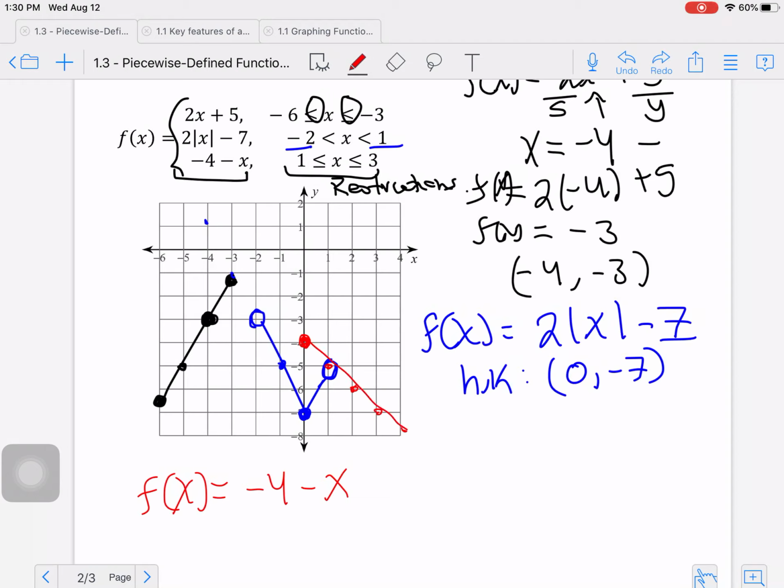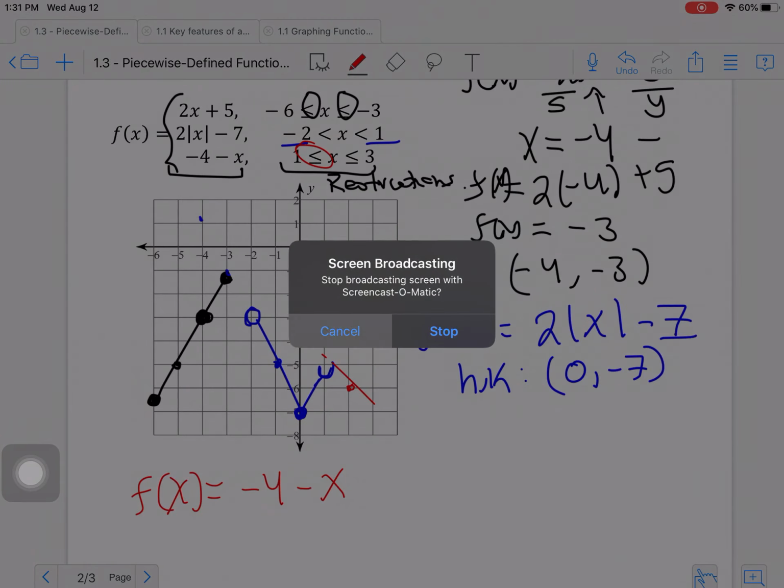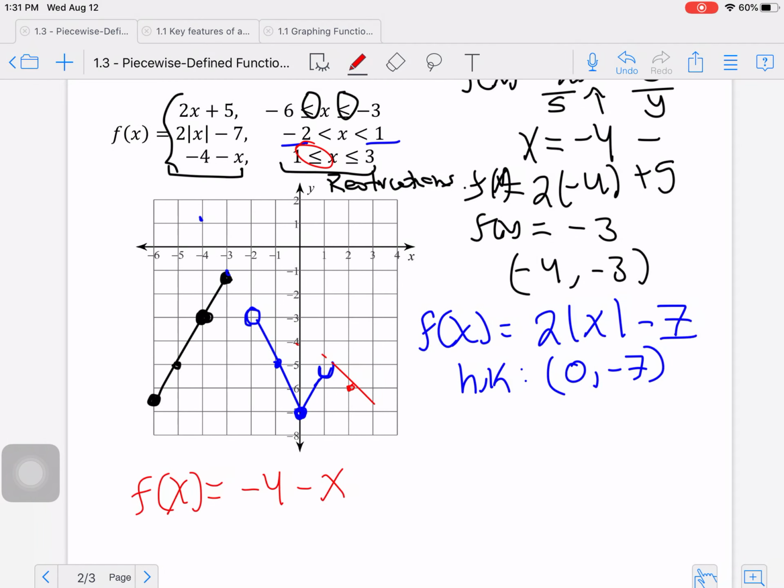Cool. Now back to the restrictions. Based on my restrictions, that function should only exist between 1, which is right there, and 3, which is right there. Right? Everything else should go away. So that goes away. Okay. All right. At 1, it actually says greater than or equal to 1, which means that I'm going to have a closed circle at 1.